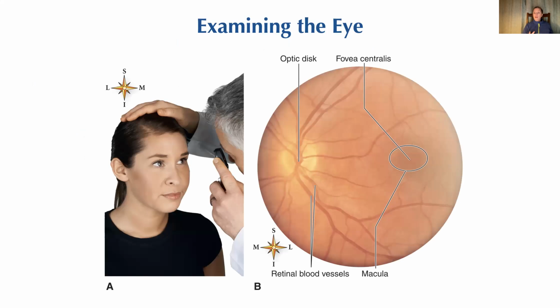Okay, so when we look into the eye with our ophthalmoscope, the light goes through the cornea, through the pupil, right around the iris, and goes past the lens. It goes through the lens and then strikes the retina. And this is what we see.